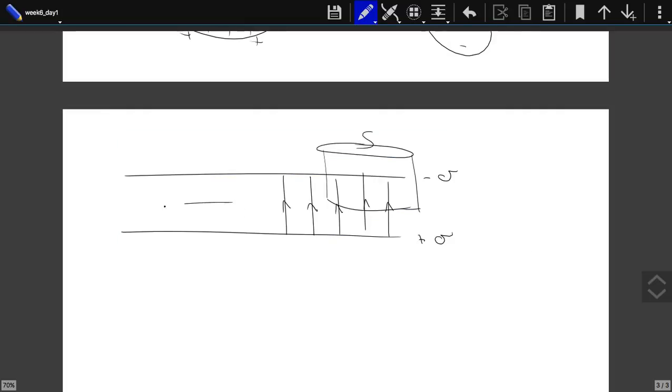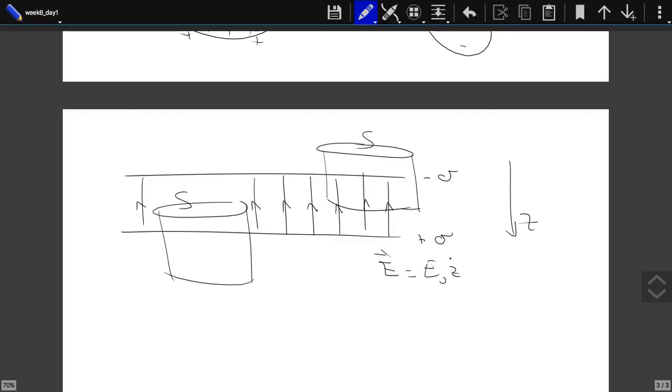Let's imagine you consider such a plate, such a Gauss surface. Z-axis is again in this direction. E is E0 times z hat, in the z direction. And let's just integrate E dot ds. Again, we can just split it into three parts: the top, the bottom, and the side.